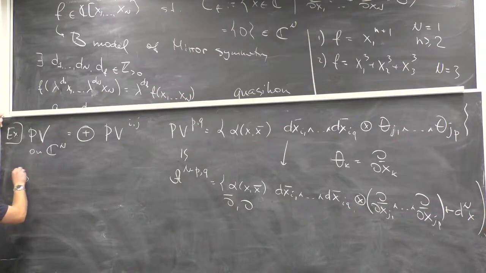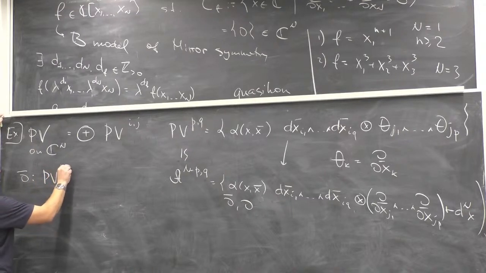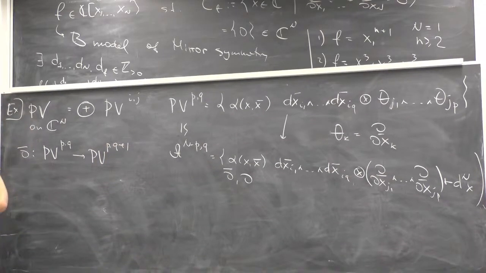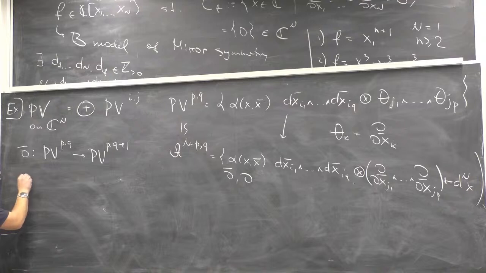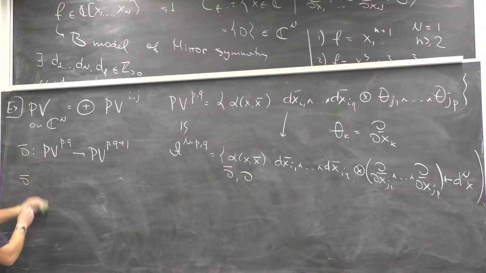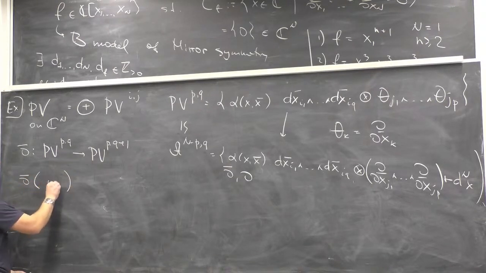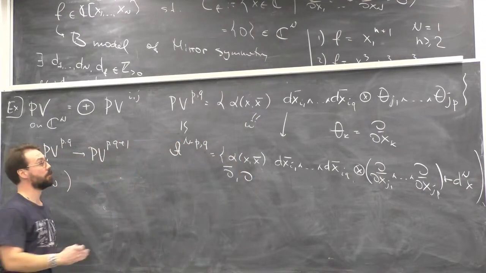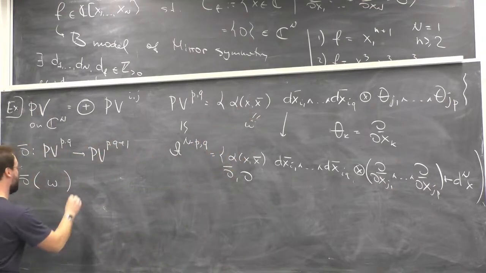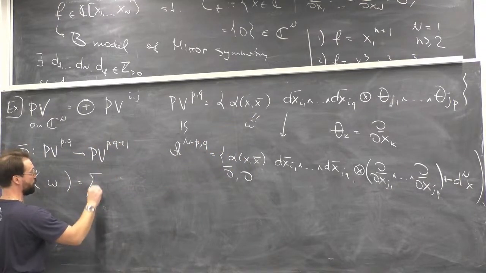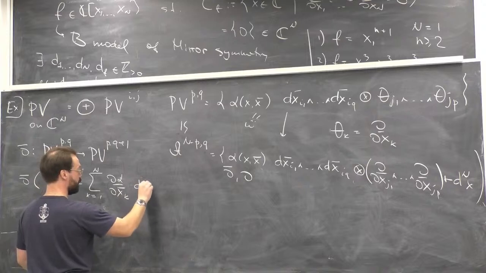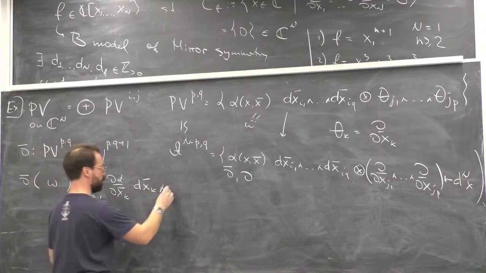On PV we have delta bar that sends PV^{p,q} to PV^{p,q+1}, and this is just a sum. Let me say how it acts, in the usual way. If this is omega, then this is a sum over k from 1 to n of d alpha by dx_k bar times d bar k.